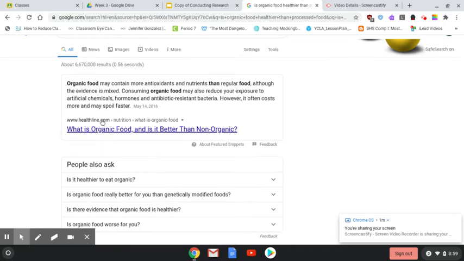I'm a little suspicious of this because, again, it is a .com, which is a commercial website. It says organic food may contain more antioxidants and nutrients than regular food, although the evidence is mixed. Consuming organic food may also reduce your exposure to artificial chemicals, hormones, and antibiotic-resistant bacteria.